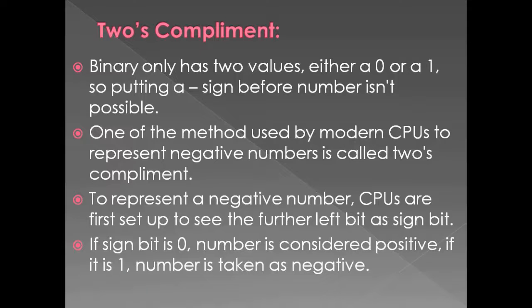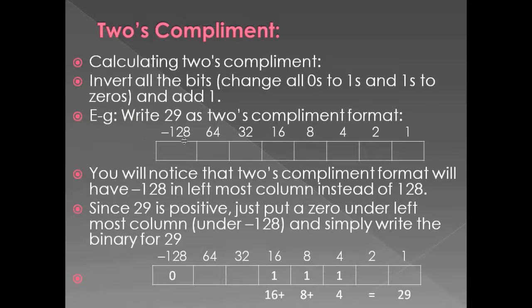To represent a negative number, CPUs are first set up to see the furthest left bit as a sign bit. So if the sign bit is 0, the number is considered positive. If it is 1, the number is taken as negative. Let's have a look at an example. Let's suppose this is an 8-bit register, so the leftmost bit is declared as a sign bit. Okay, this one.